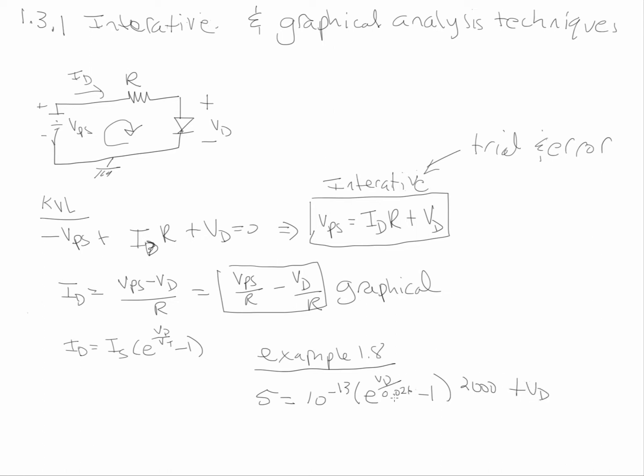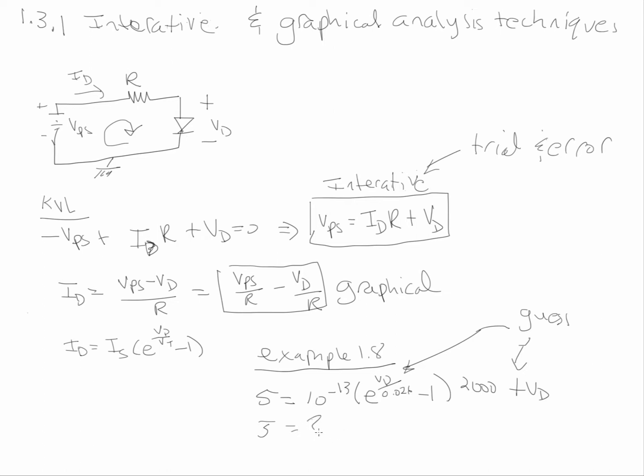All you're going to do now to solve this iteratively is start out with some value of VD, and you just guess a value. You could pick anything you want, and then you solve it, and does it equal 5?